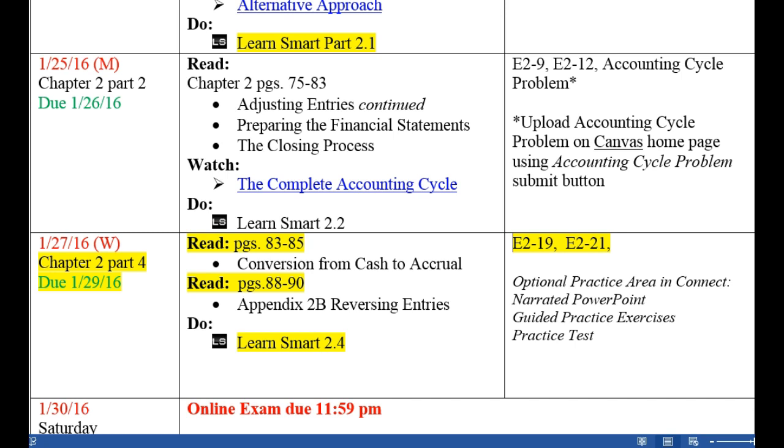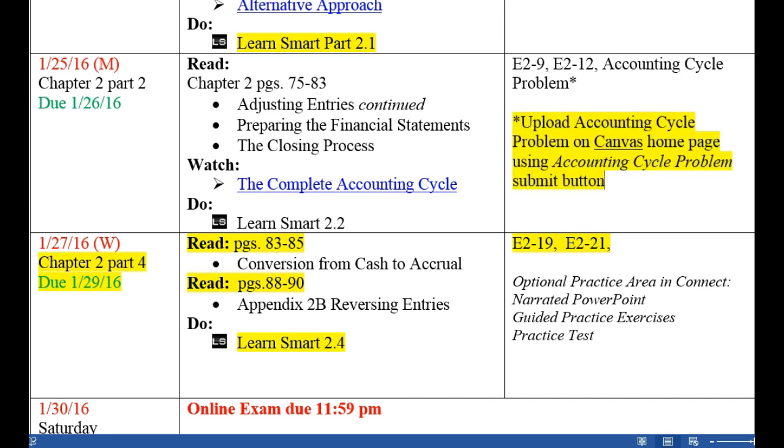And here's an example of where the course schedule comes in so very handy to you. First of all, you have an accounting cycle problem that you do by hand that is available on Connect and that you upload on Connect using the accounting cycle button.